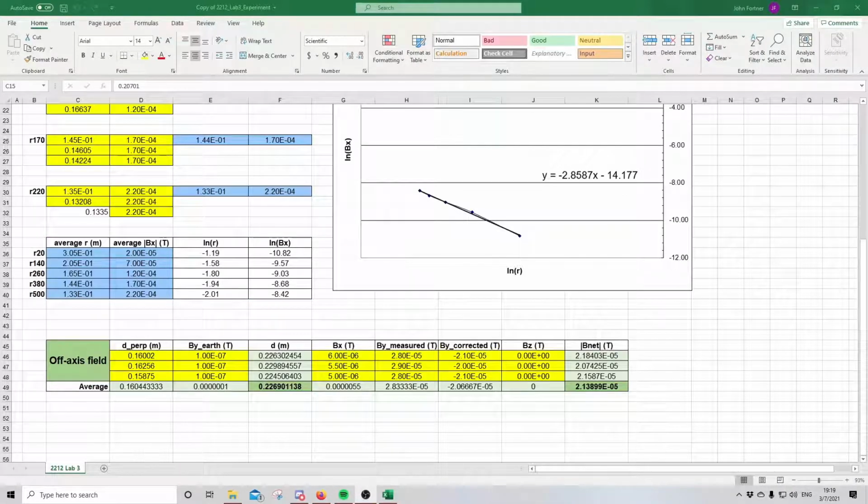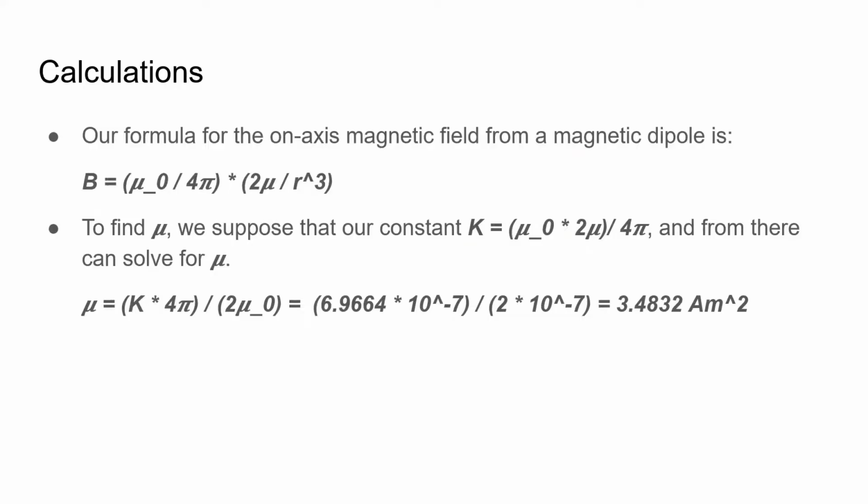And then here we also observed the magnetic field at the point 45 degrees off axis, which we found to be 2.1389 times 10 to the negative 5 Teslas. So from our observations, we can obtain a value for k, which allows us to solve for the magnitude of our magnetic dipole moment.